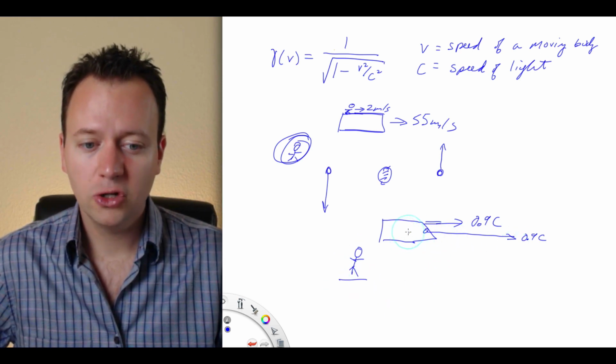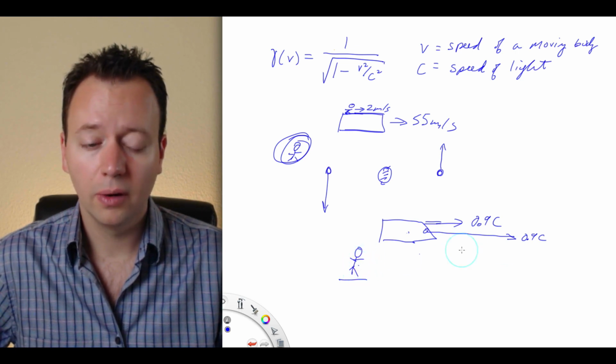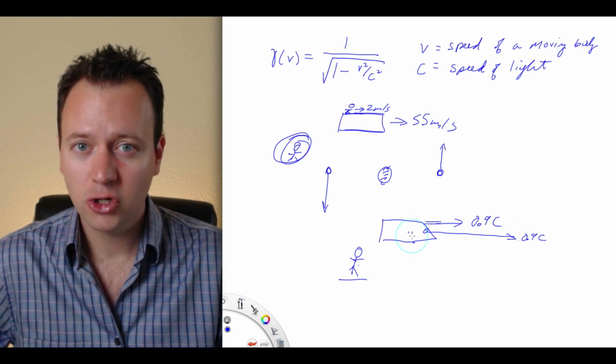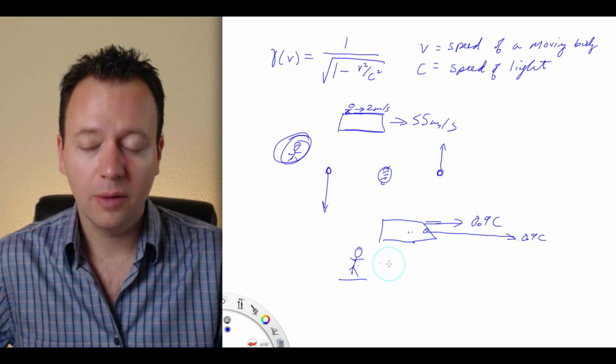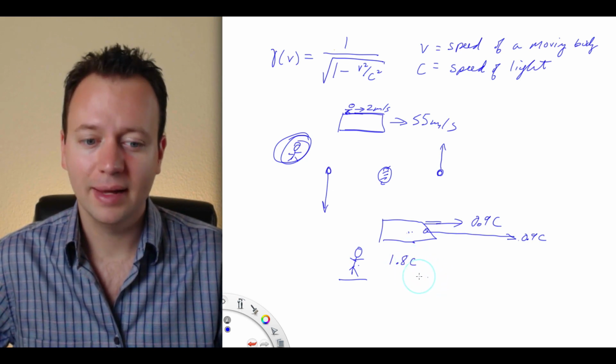The spaceship is traveling at 9/10 of the speed of light relative to the ground observer. The torpedo is traveling at 9/10 the speed of light relative to the spaceship. So you would think that the observer would clock the torpedo at 1.8 times the speed of light.